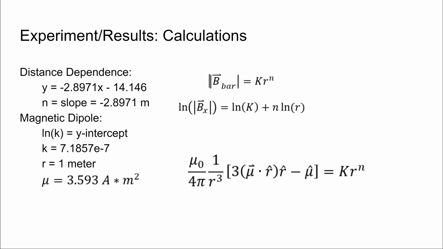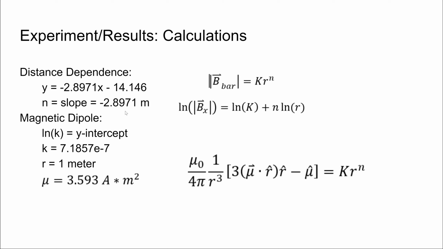So here are the calculations. The distance dependence we were able to find by relating the slope here to this equation with n, and because of that we could find that n, the slope, is equal to minus 2.8971.